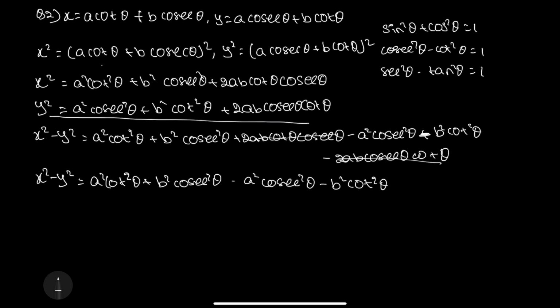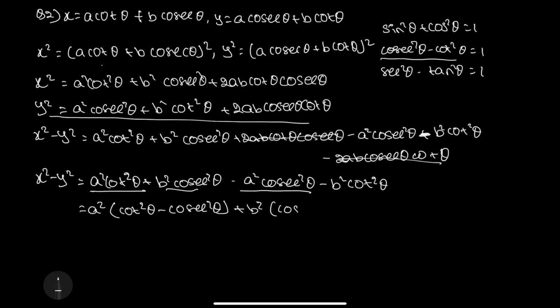Here we have our identity cosecant square minus cot square. First, from these two terms, take a square as the common factor. We'll get it as a square of cot square theta minus cosecant square theta. And from these two terms, we can take out b square as the common. We will get it as cosecant square theta minus cot square theta. Whereas in this value we can directly replace our 1, whereas here we have inverse.